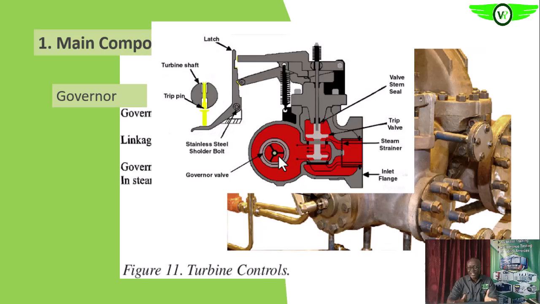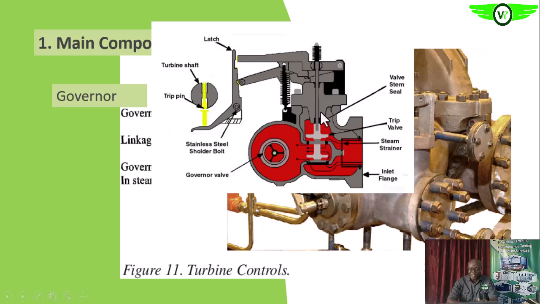The higher the speed, the lesser the amount of steam that will be allowed by the governor. As the speed is reducing, the governor will see it, and that will make it increase the amount of steam administered into the steam turbine. If the speed is increasing, the reverse case will always happen.